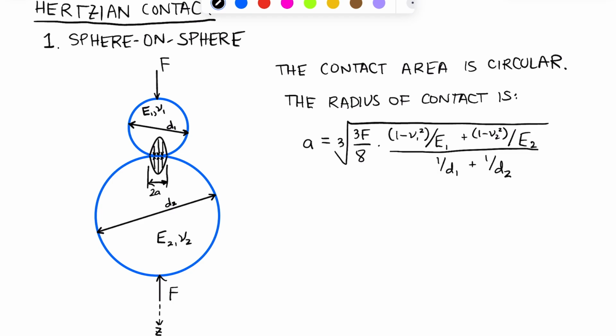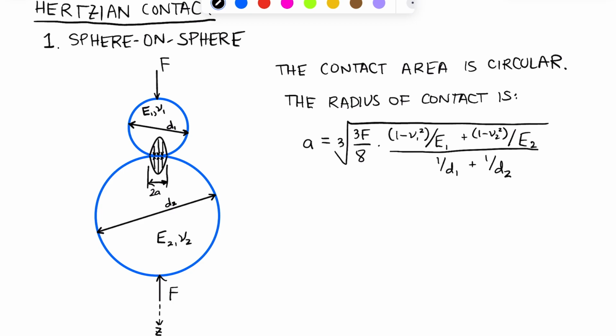And I'm not going to go into detail in this section on any of the derivation. Really, I just want my students to be able to use these equations and recognize when to use the sphere-on-sphere contact model versus the cylinder-on-cylinder contact model that we'll get to in a second.